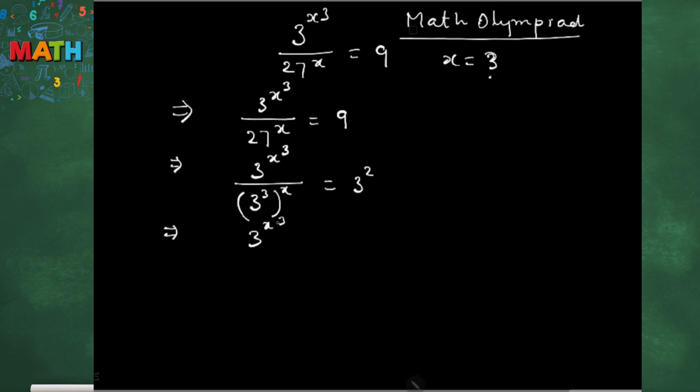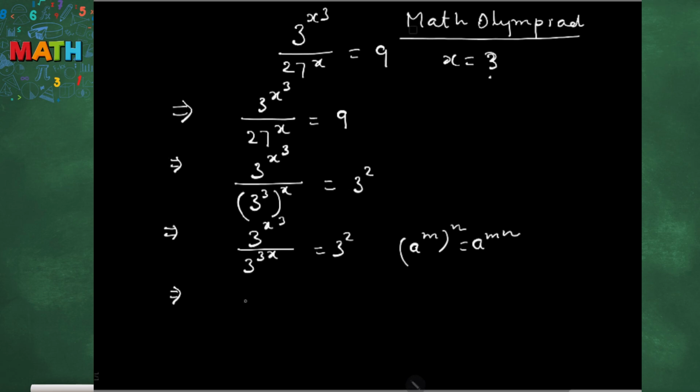So 3x to the power x cube, this becomes 3 to the power 3x is equal to 3 square. Now this is the formula: a to the power m to the power n is equal to a to the power mn.